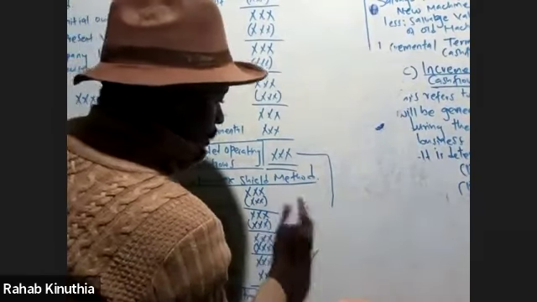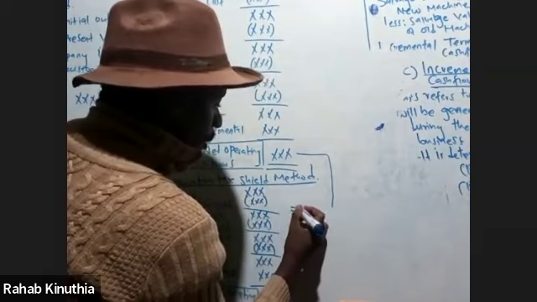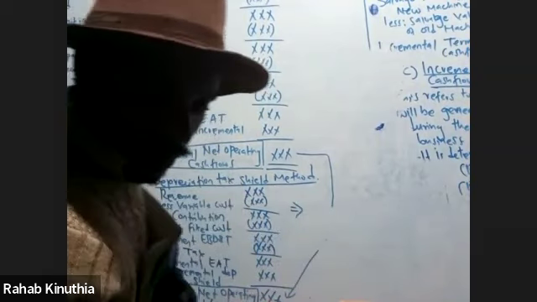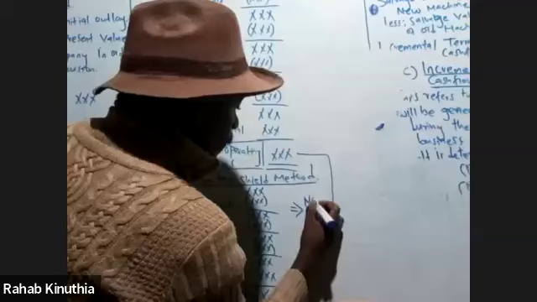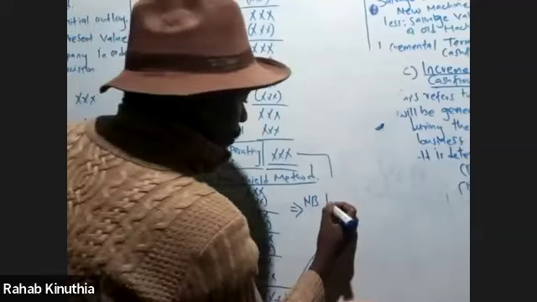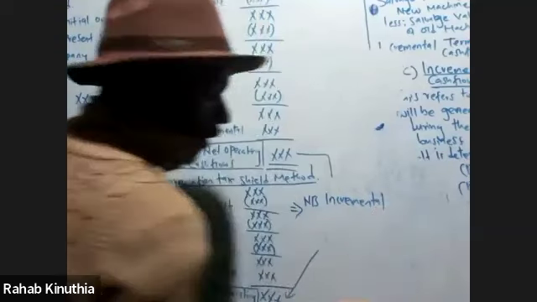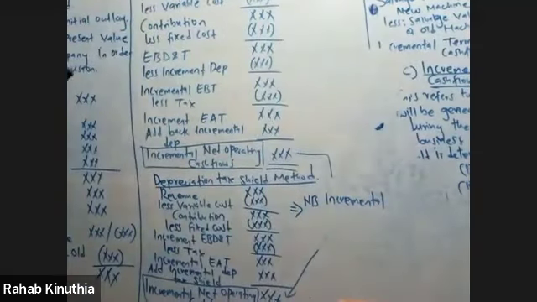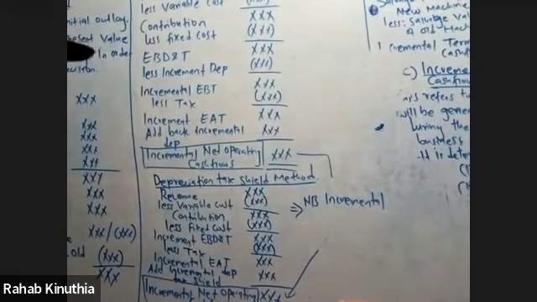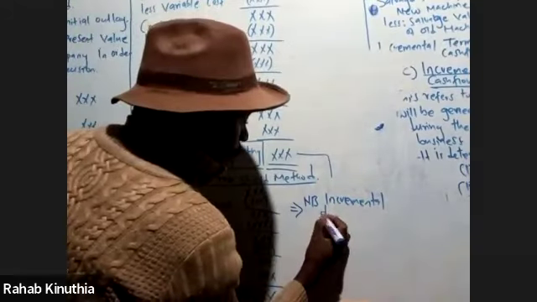So, incremental tax shield. How do you get the incremental tax shield? NB: incremental means this one, incremental depreciation tax shield.